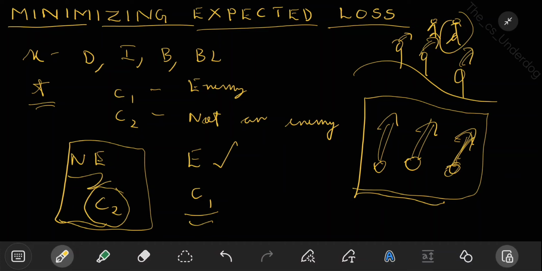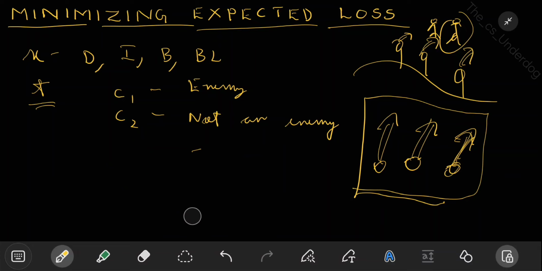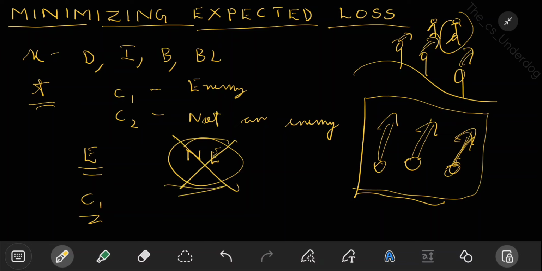But just consider the other case. What happens if it is actually an enemy? That is, it should have been in the C1 class, but you wrongly marked it as not enemy. What happens then?